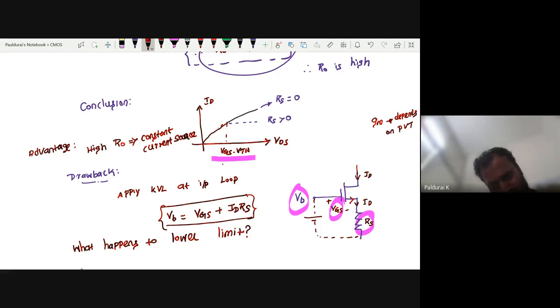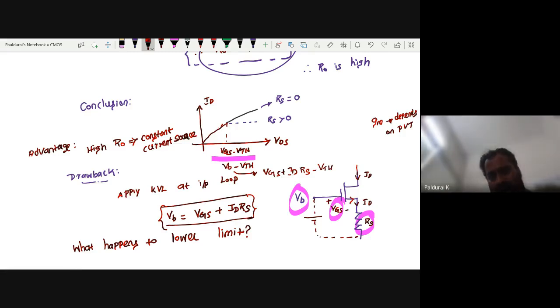This is nothing but VB, correct? VB minus VTH. Now VB becomes VGS plus ID RS, so minus VTH. Can you understand?